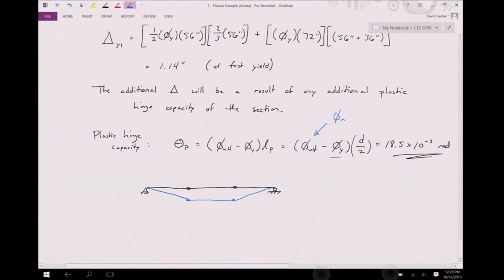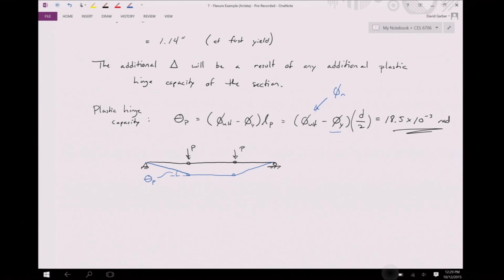So we can see that we'll have our plastic rotation capacity here, and you can see our deflection after hinging.